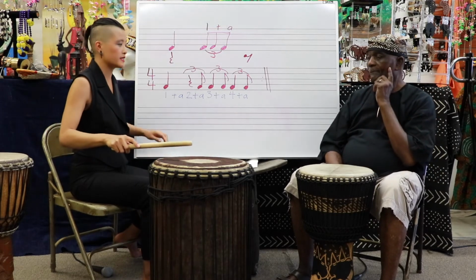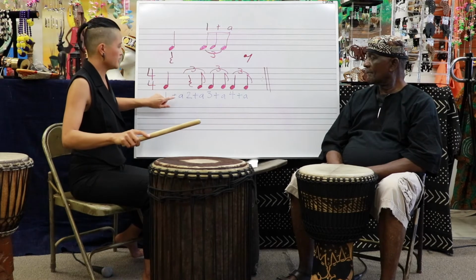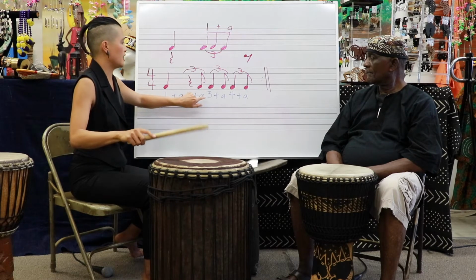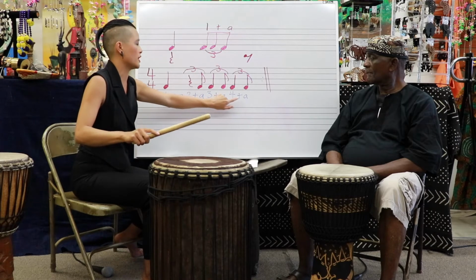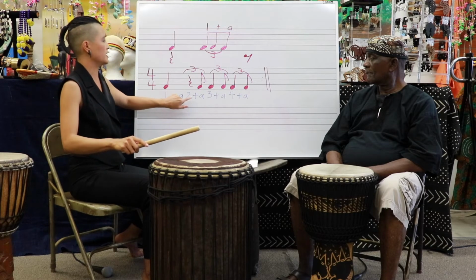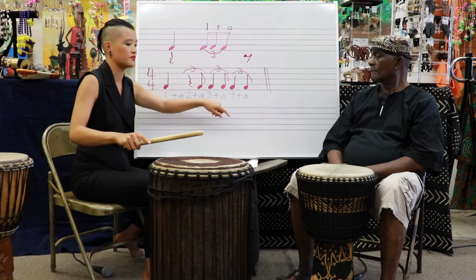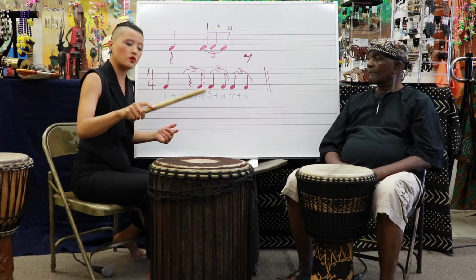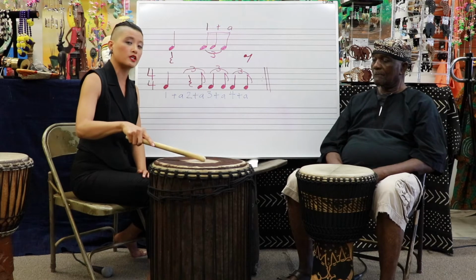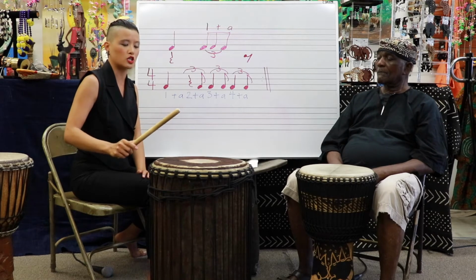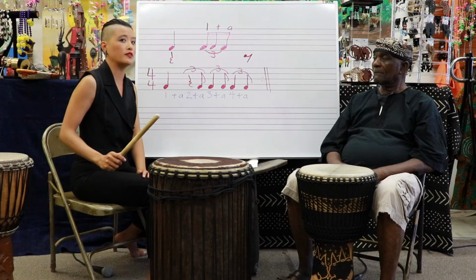So again, slowly, this is how it is broken down. 1 and 2 and 3 and 4 and 1 and 2 and 3 and 4 and. Now you'll also notice that I don't always play in the middle of the drum, which makes the lowest tone. Sometimes I play on the rim.